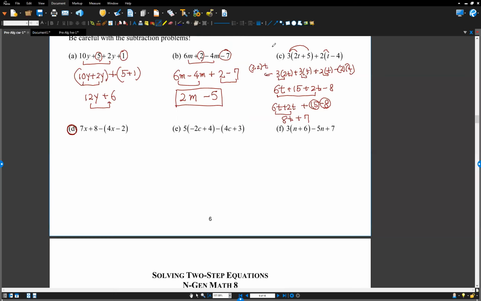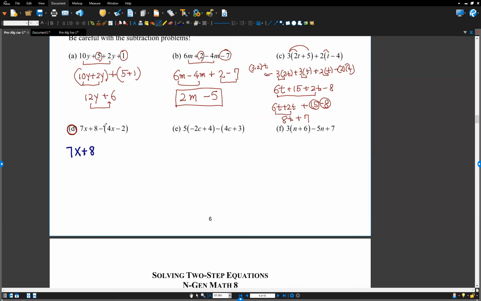When you have parentheses, before the parentheses, we have a negative number. That is very important. When you open parentheses, we multiply the negative number to both. I'm going to do 7x plus 8. We have a minus over here, right?